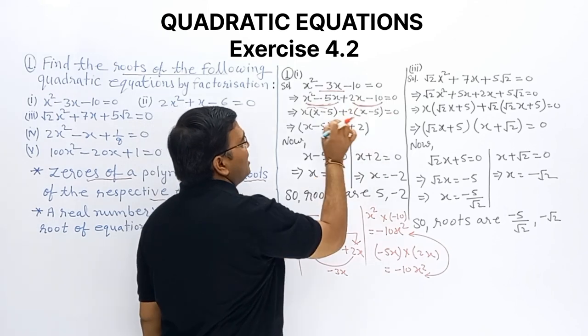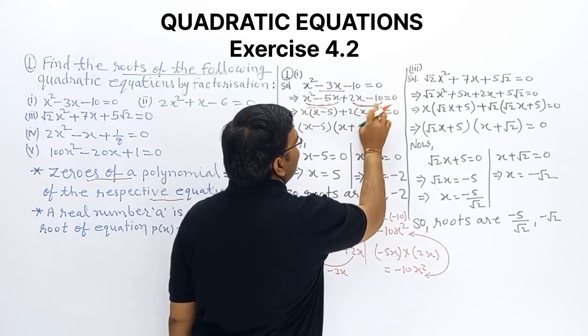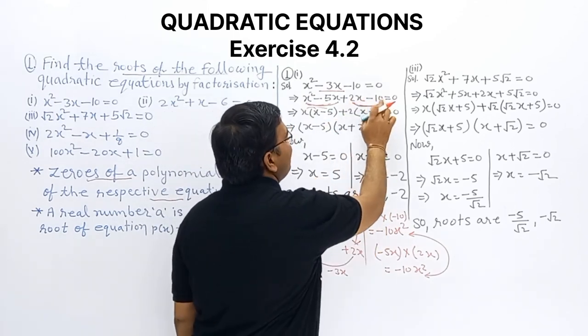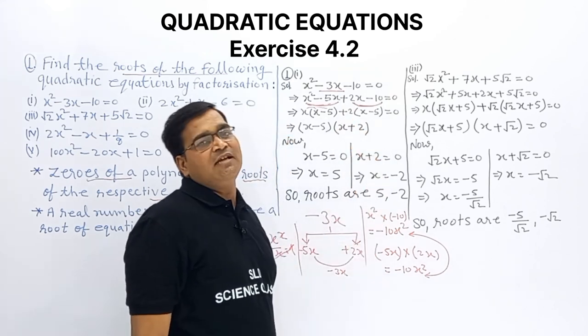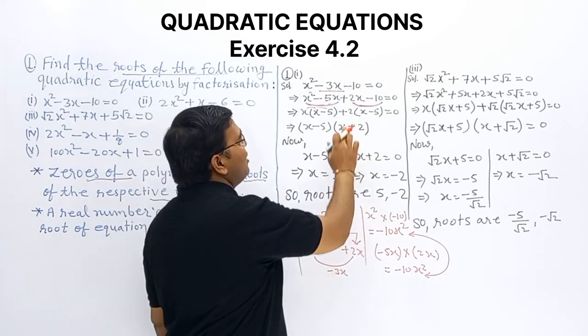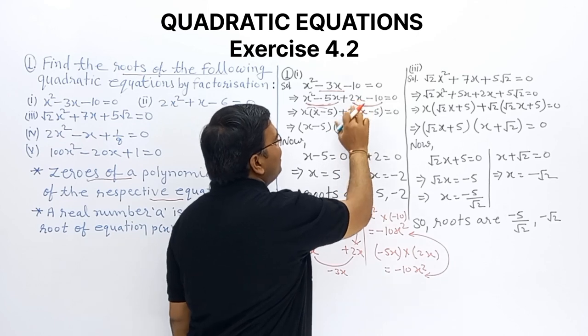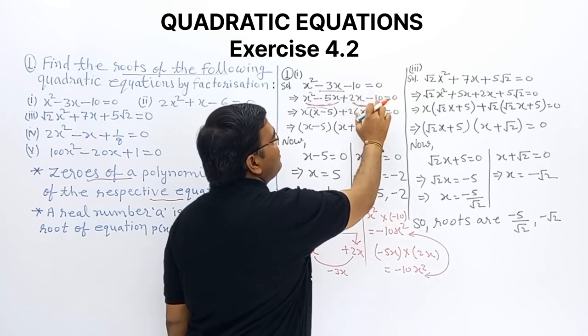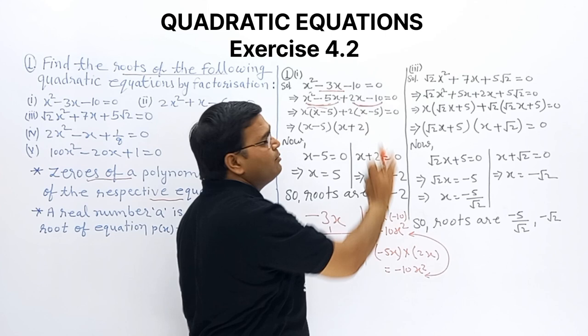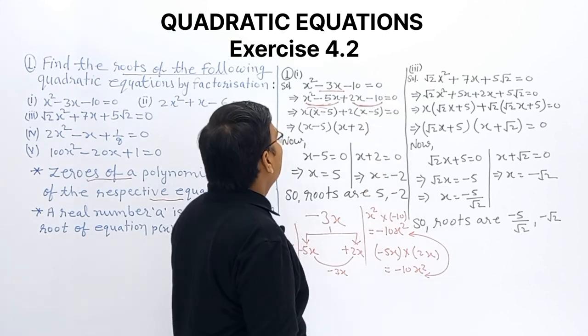Now in the last two terms, what is the common? x is there, x is not there, so we cannot take x. 2 is there, 10 is there, and both are in the table of 2. So we take 2 outside. Then this number divided by 2, x goes x times. This number divided by 2, how many times does it go? Minus 5 times. Clear?